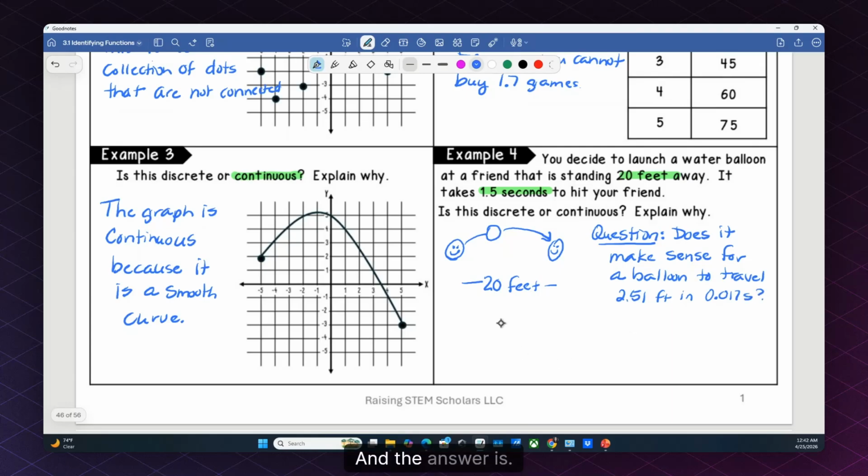Okay. And the answer is yeah. Yes. Okay. It does make sense for that. So this is a continuous function.